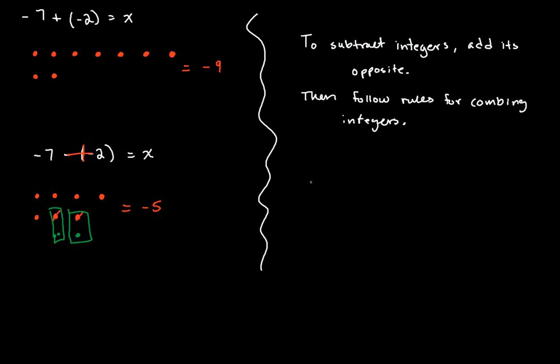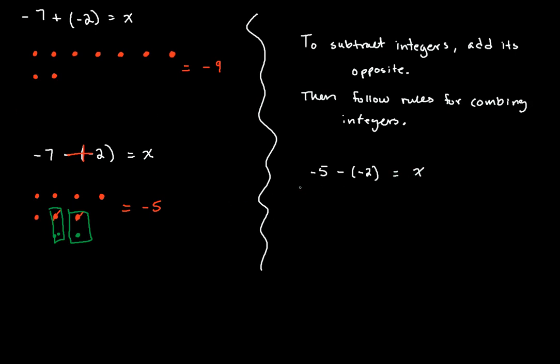Let's do -5, and then we're going to subtract this -2. Obviously, you're using two negatives here. You can do this with positive and negative integers too, but I'm going to show you at least to start here.